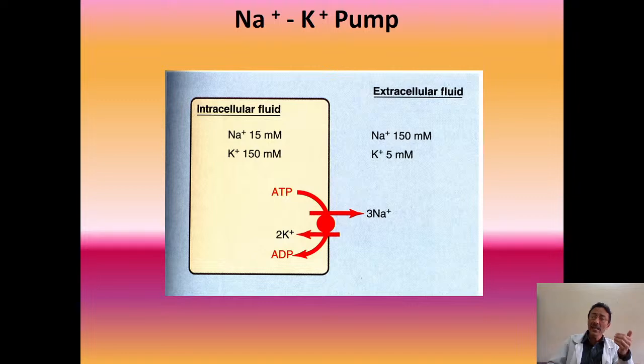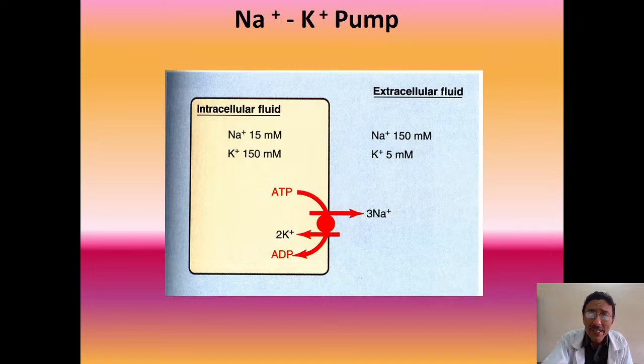Since this is against the concentration gradient, the energy is provided by the breakdown of ATP into ADP. That energy is used to move the sodium out and the potassium in. So this is an example of primary active transport, the sodium potassium pump.